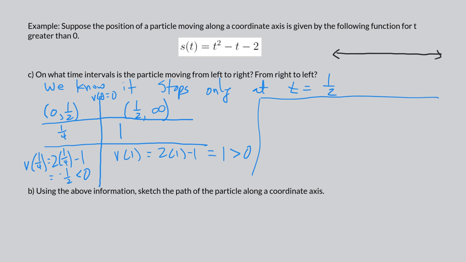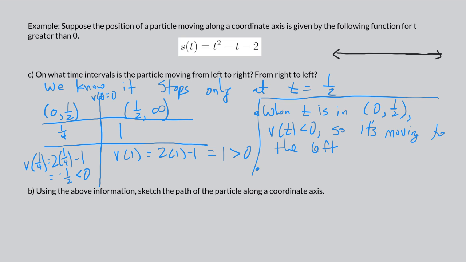So to sum all of that up, when t is in 0 to 1/2, the velocity is negative, so it's moving to the left.